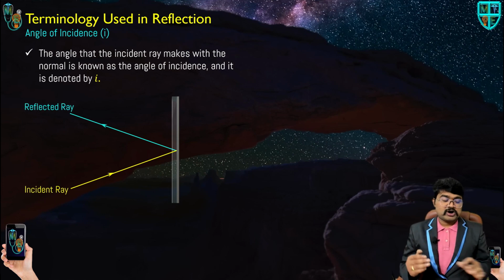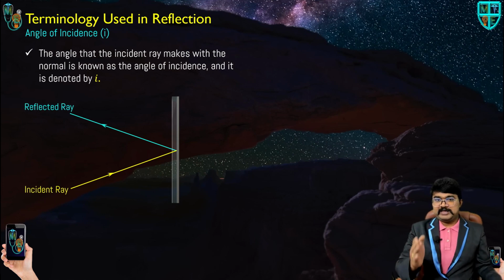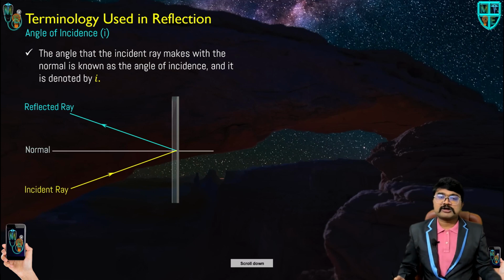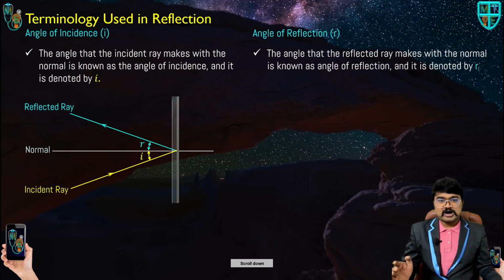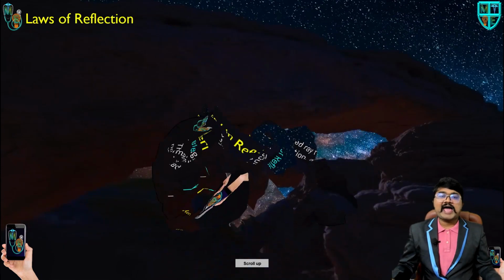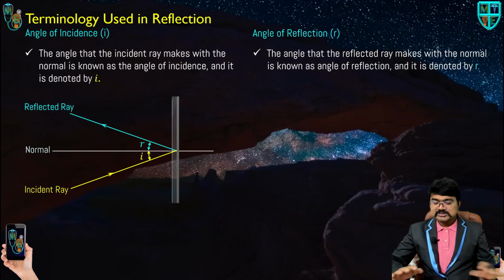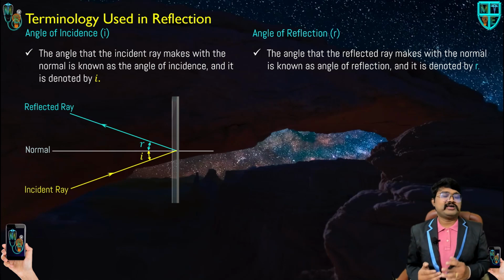Now we need to draw the normal to the plane surface. The angle made by the incident ray with the normal is the angle of incidence. The angle made by the reflected ray with the normal is the angle of reflection. These two definitions are very, very important: angle of incidence I, angle of reflection R.